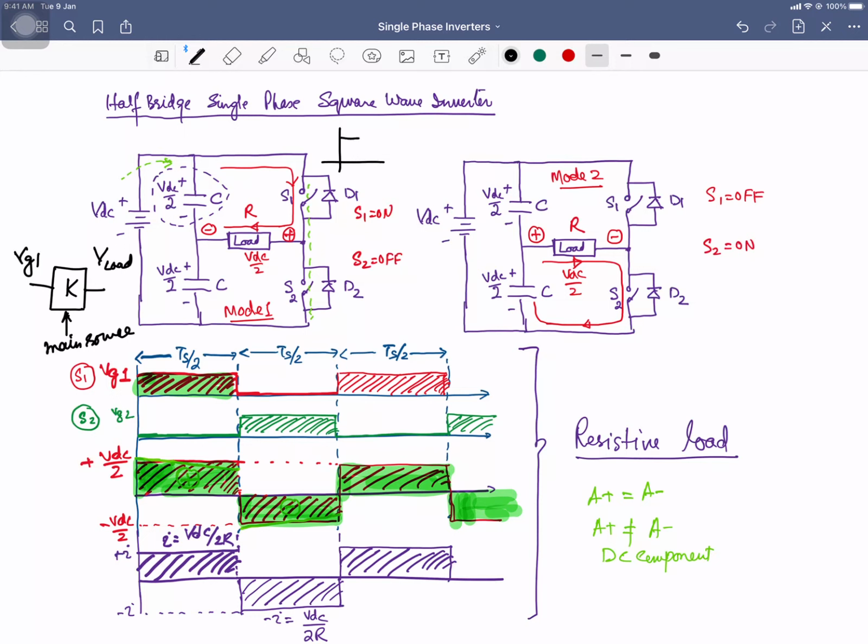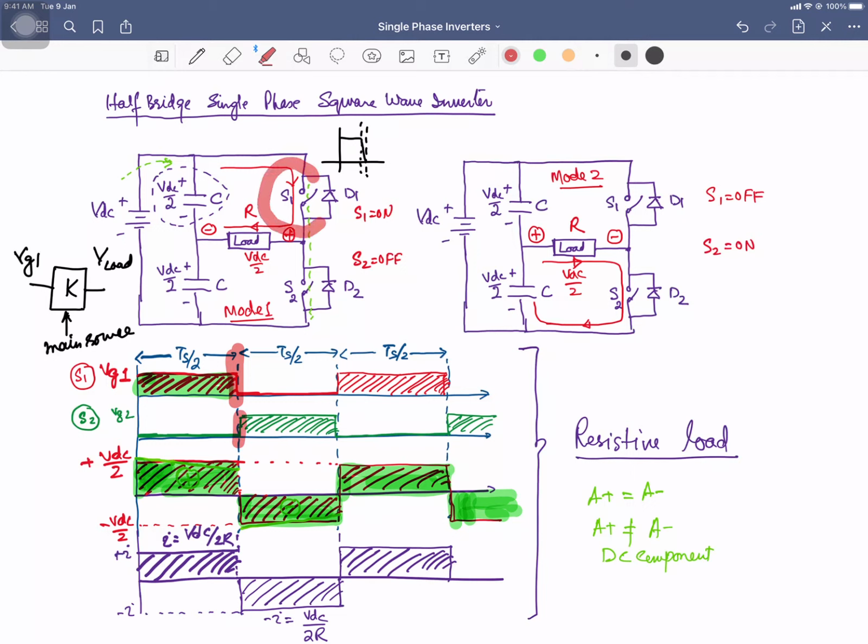The practical switches take certain time, that is usually very small, in the range of nanoseconds, maybe up to a few microseconds to turn off. So you will have to generate a delay over here at this point, so that there is no short circuiting of the source.